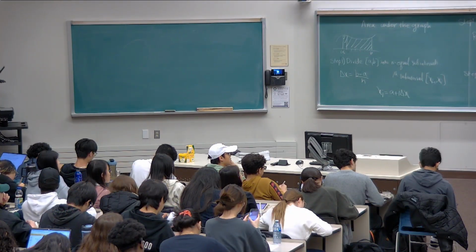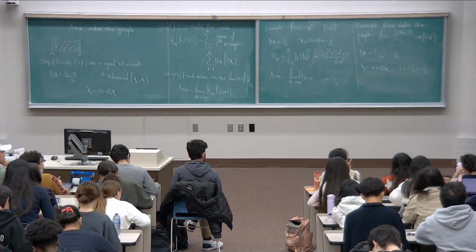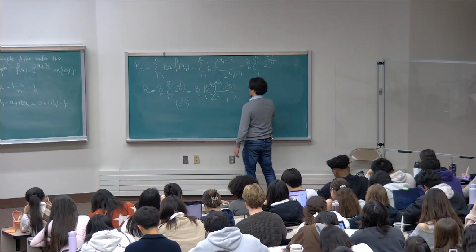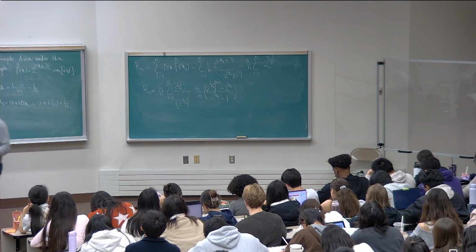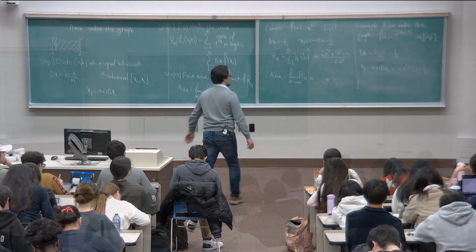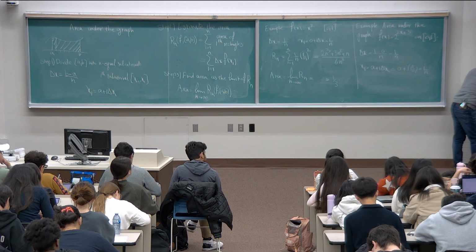That is what we get for Rn. We are not done, but we are done with step 2. Now step 3 is to find the limit of that guy. What is the limit of Rn is our next step.